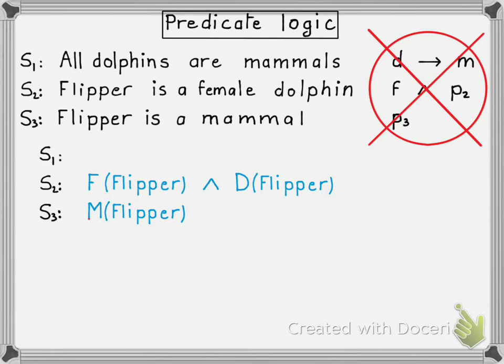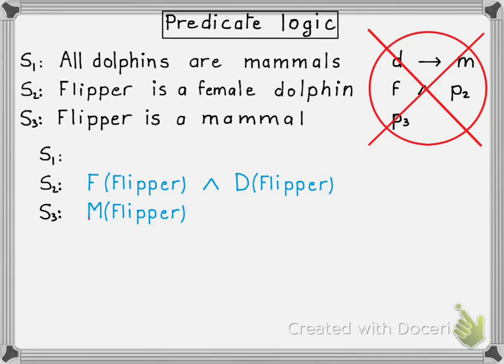And before we move on, let me make an important observation here. Remember how in propositional logic, one of the reasons why this translation was completely wrong is because there was no connection between any of these propositions. For example, notice there's nothing in common between S2 and S3. Well, that is not the case anymore.